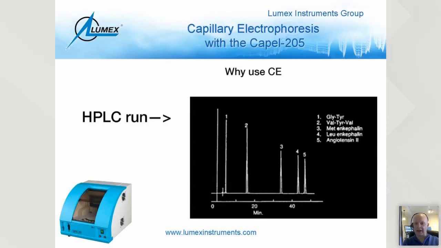What we're looking at right now is an HPLC run of a peptide mixture composed of 5 peptides being separated in close to 60 minutes. It's a TFA 0.06 with acetonitrile gradient. Why do I know this?